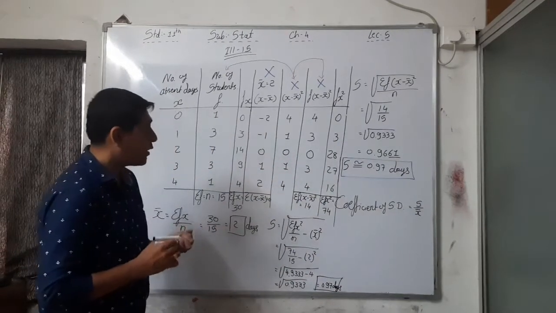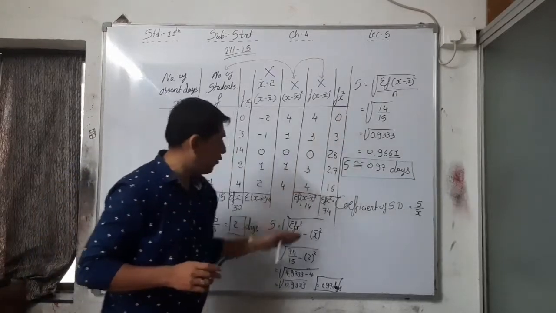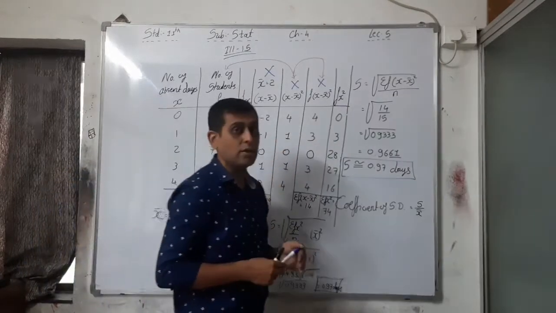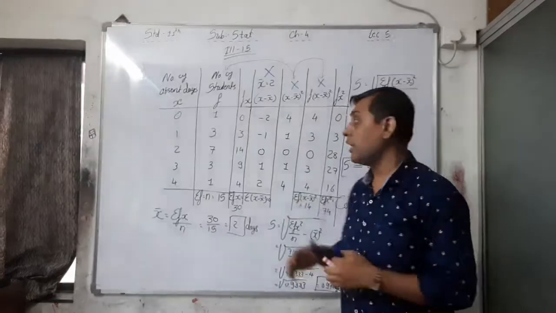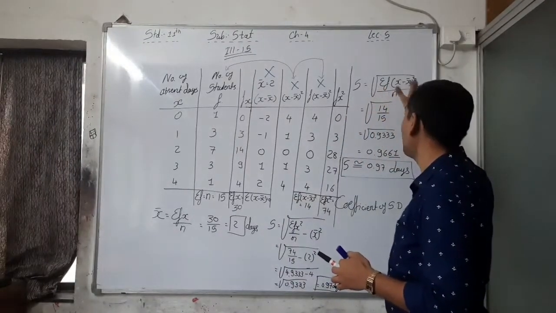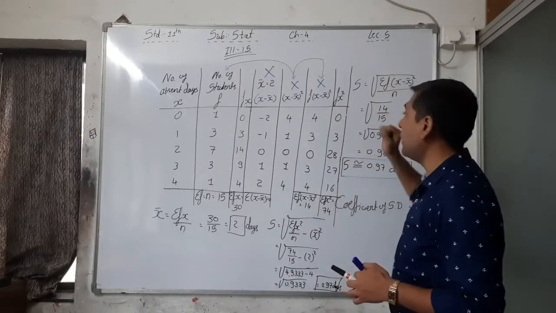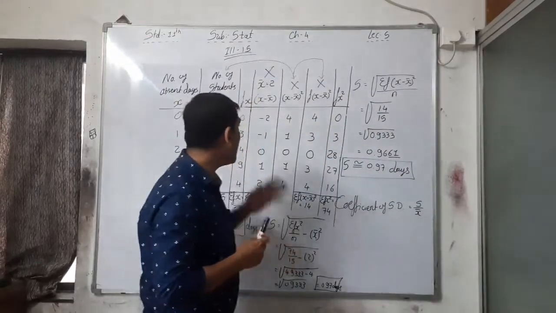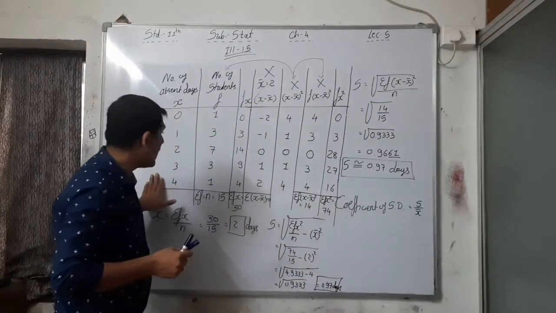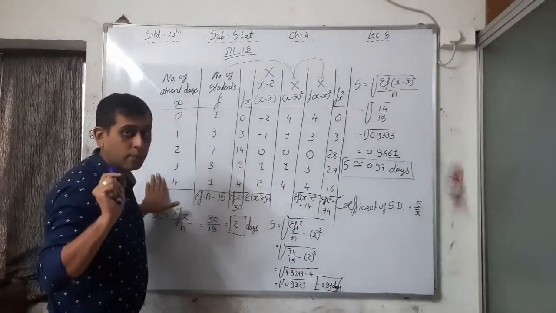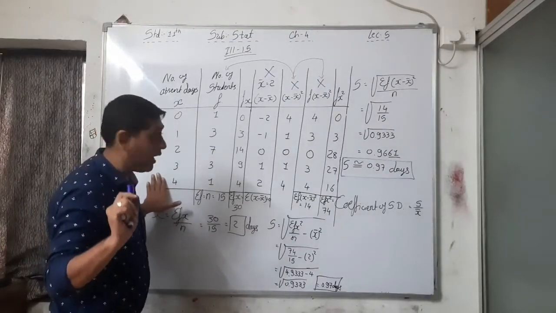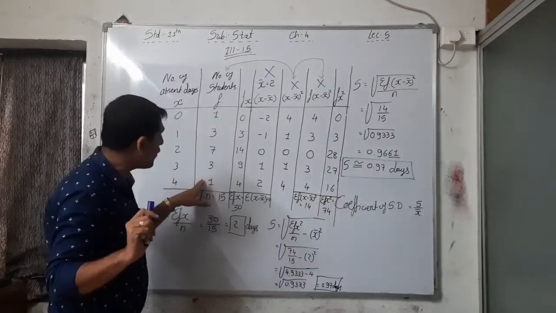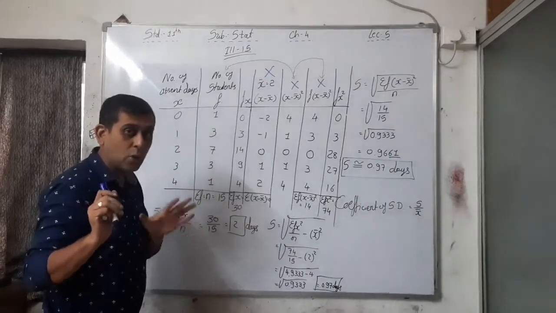Okay, so here we can do this sum by two methods. The first method is sigma f into x minus x bar all square upon n. We can do that here because the data, that is x, is very small, less than 10, right? As well as f is also very small, total 15 only.